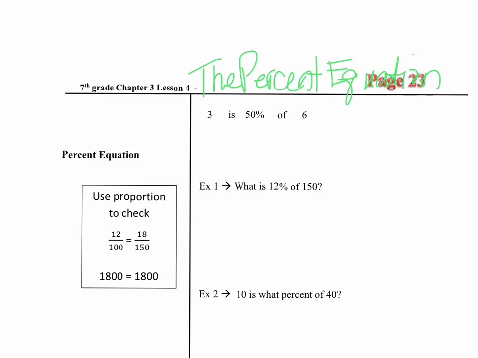The percent equation uses the information in the box. It says use proportion to check. Starting with the first example, 3 is 50% of 6. 3 is your part. 50% is your percent.